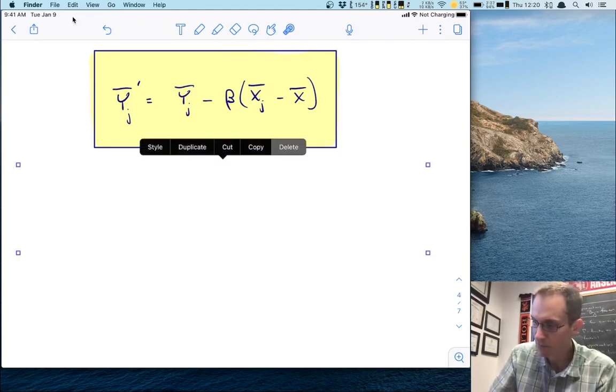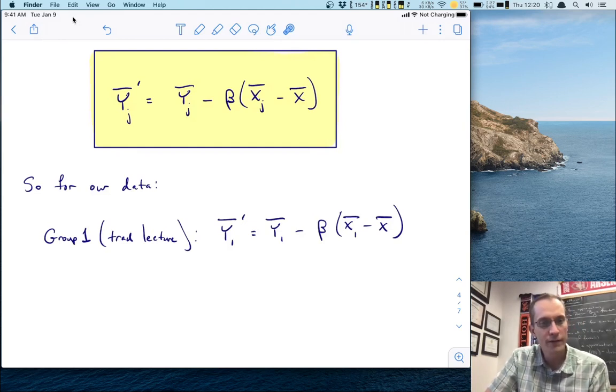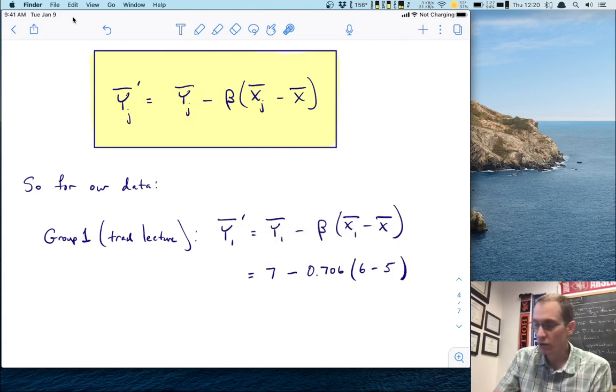scores themselves. So for our data, group 1, the traditional lecture, would be this way. The adjusted group mean for group 1 is the mean of group 1 minus beta times the aptitude mean for group 1 minus the overall aptitude score mean. So what are those numbers? Well, some of them we already know. Certainly the traditional lecture mean was 7. The 0.706, that is the slope of that regression line.